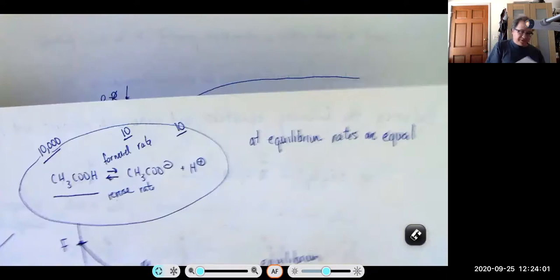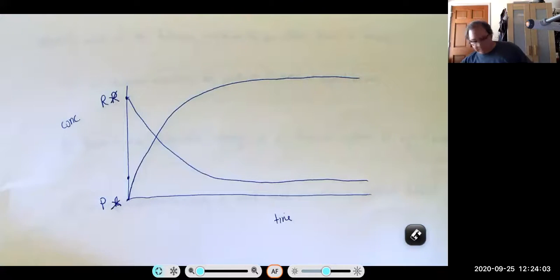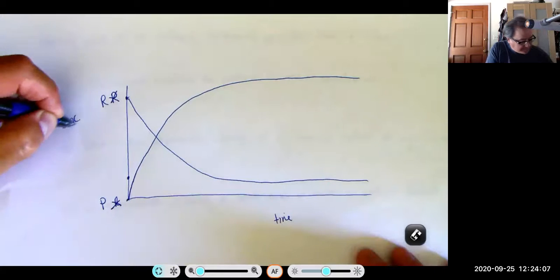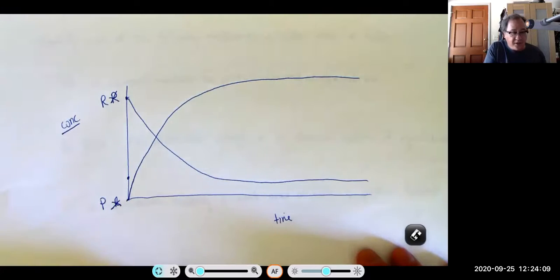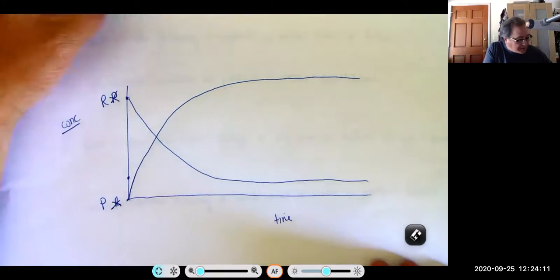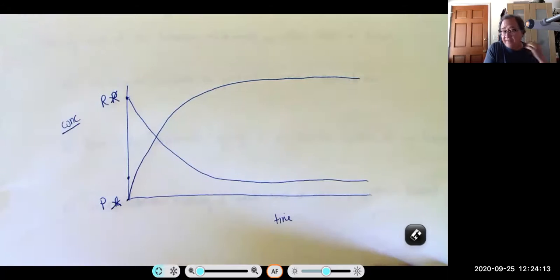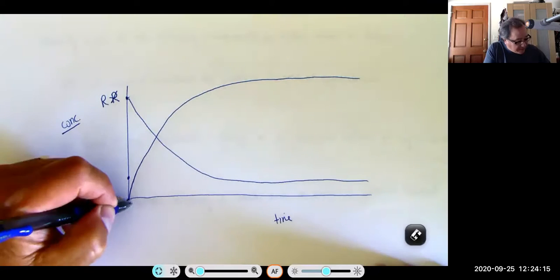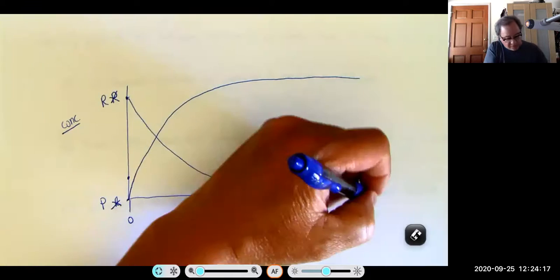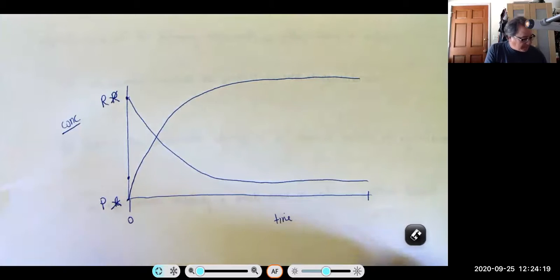Now, likewise, we can take a look at concentration versus time. So concentration means just how much of the reactant and how much of the product you have at a given time. So this time, of course, is 0, and this is over a long period of time.